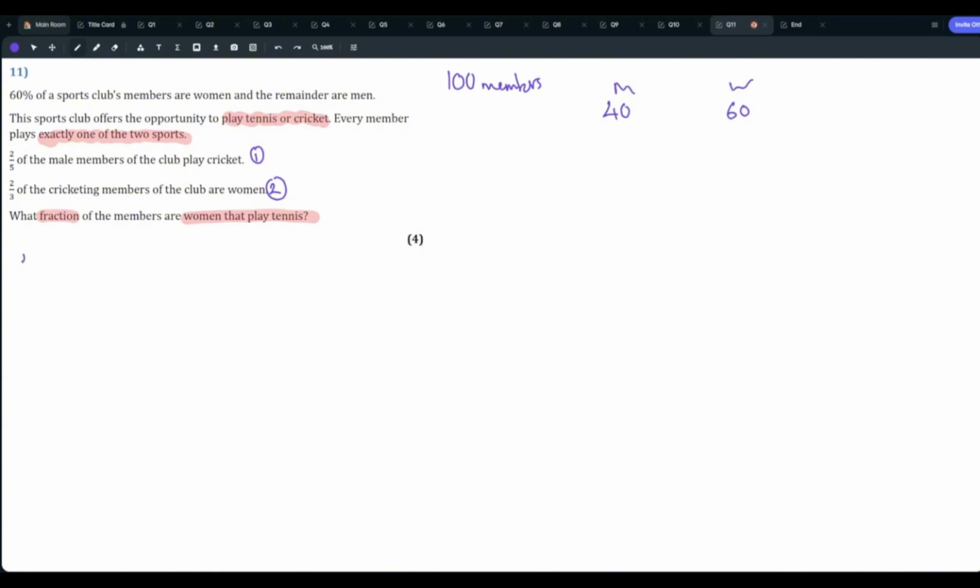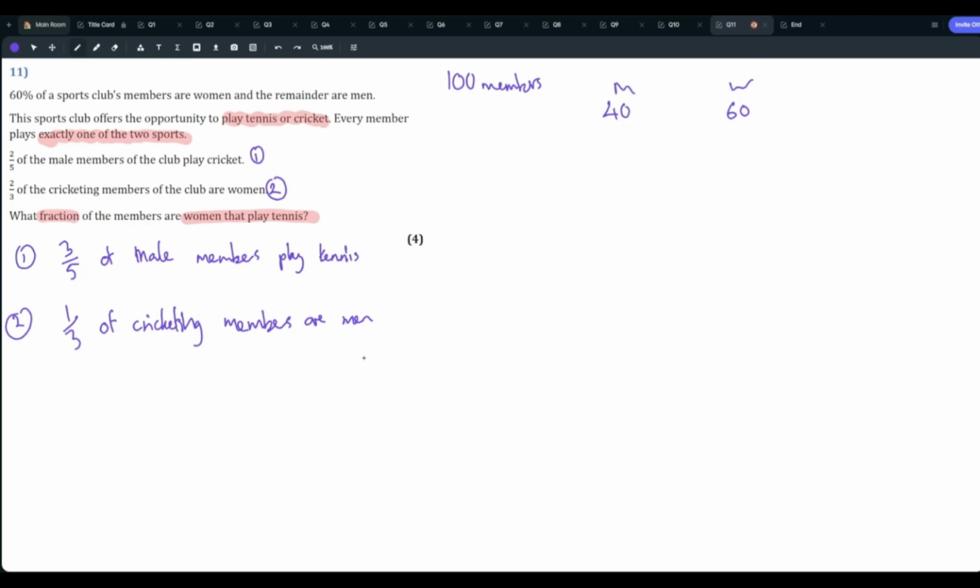If 2/5 of the male members of the club play cricket, that means 3/5 of male members play tennis, because this information might be useful. 2/3 of the cricketing members are women, so 1/3 of cricketing members are men.